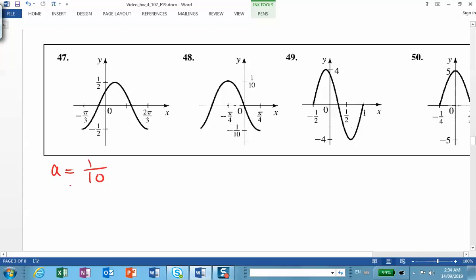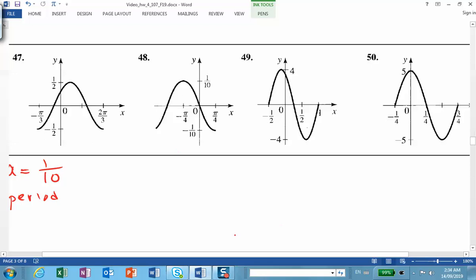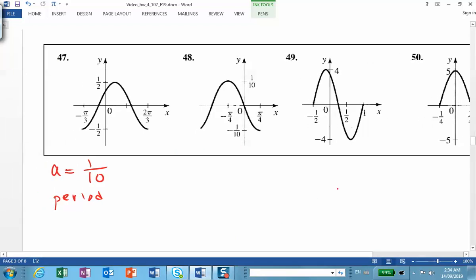Okay, the period, you look at that graph. Oh, by the way, it is true that A is 1 over 10, but this is the graph of the cosine within that period. So a minus sign in the front, okay?